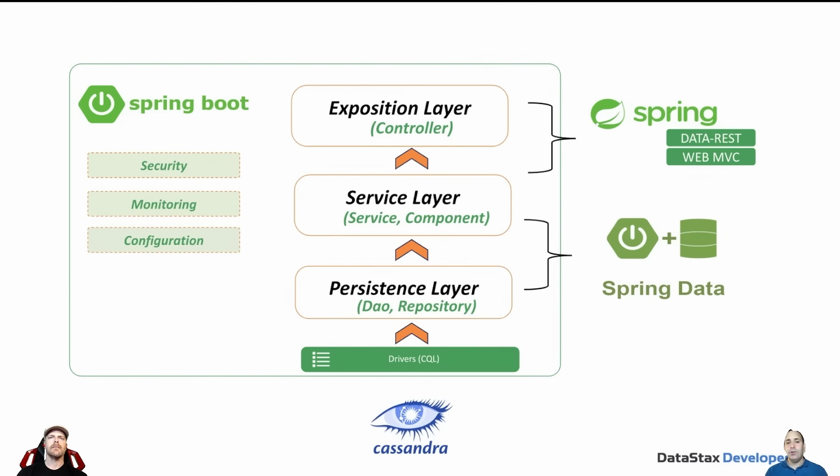So again, this is our application. Let's say we import what we need for security, monitoring, configuration. Remember, those are starters. We want to use Cassandra as a database. In the Spring world, to interact with data, you will use Spring Data. Spring Data will provide you some dedicated repositories where in the end, you only have to define your entities and the repository, and all the code requests will be generated for you.